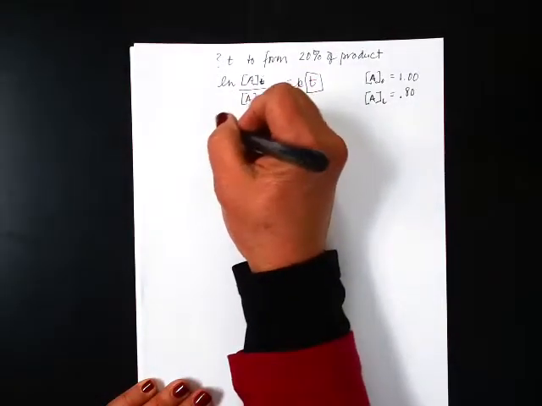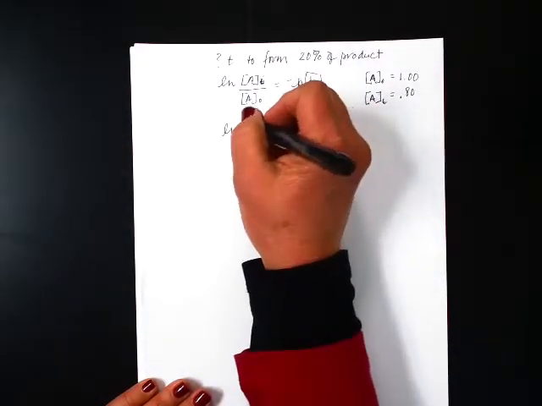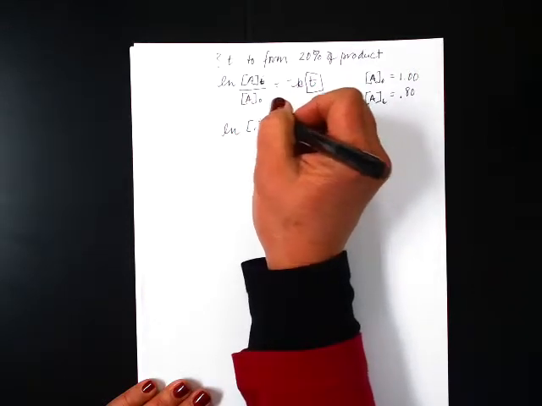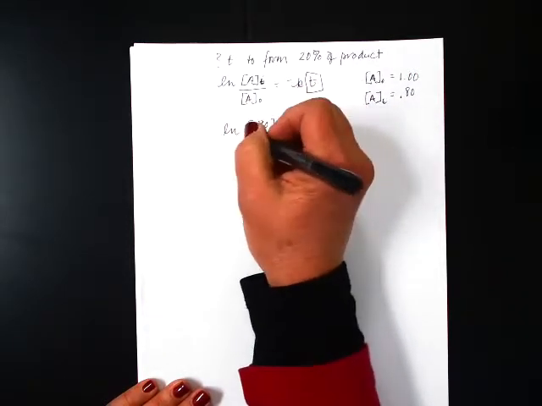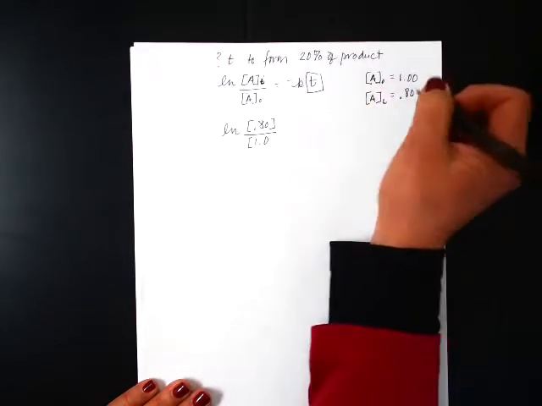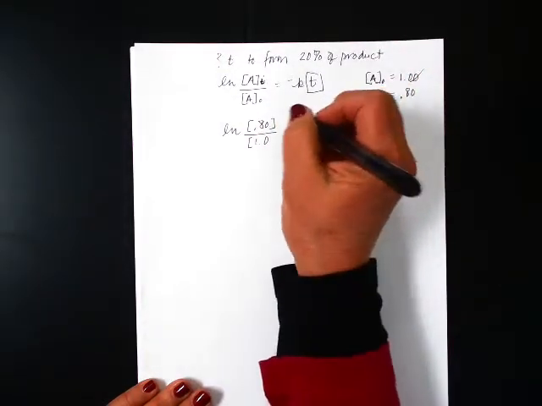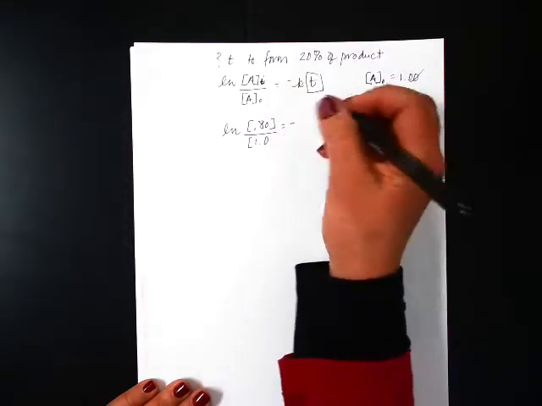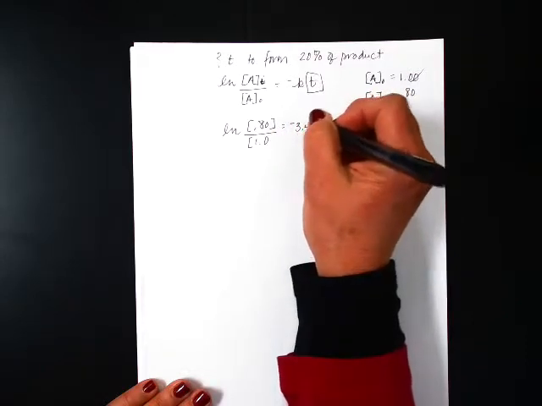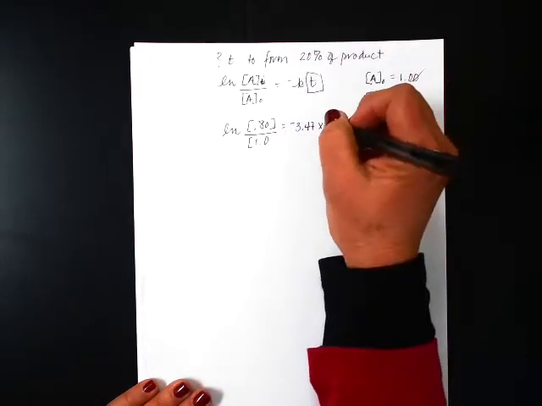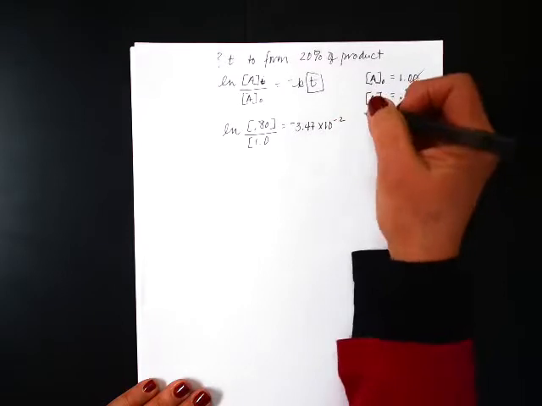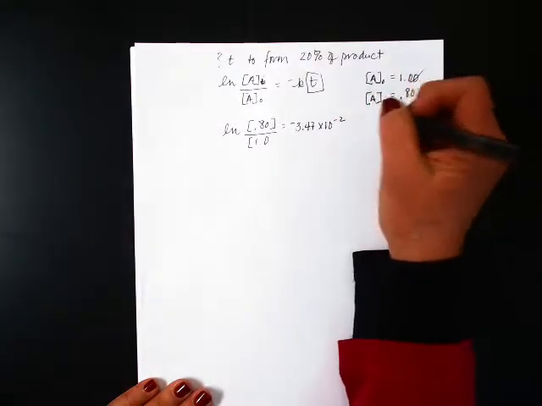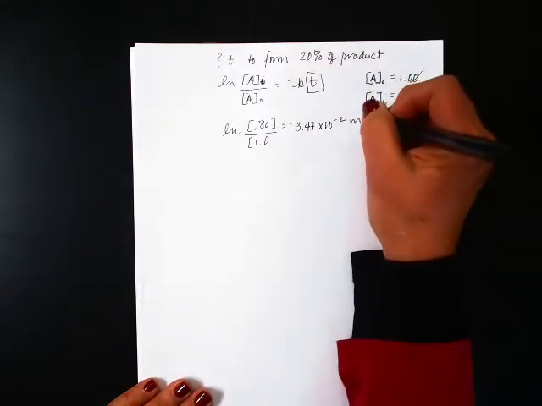So now we're just going to plug our numbers in here. So we're going to take the ln of 0.80 divided by 1.0, and that equals negative k, so negative 3.47 times 10 to the negative 2 min to the minus 1 times t.